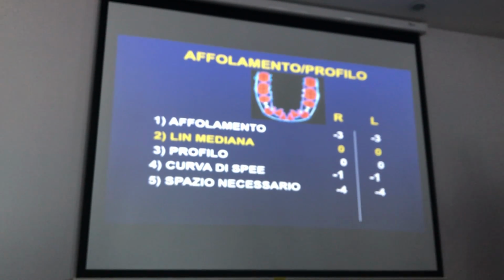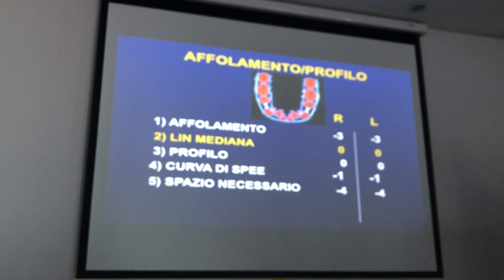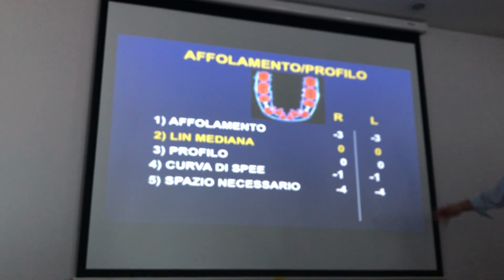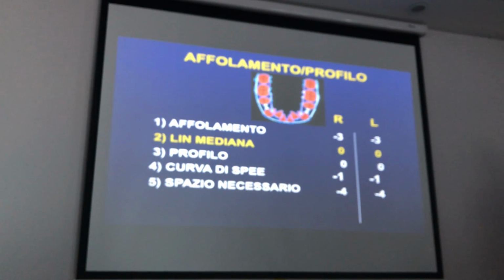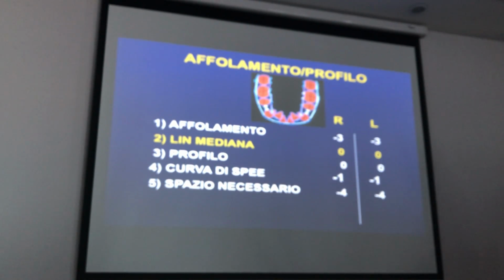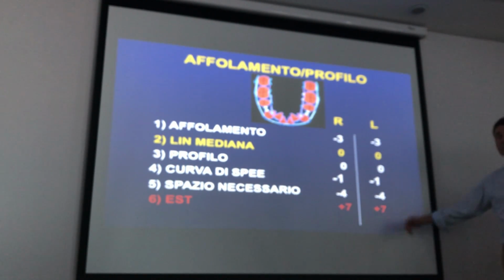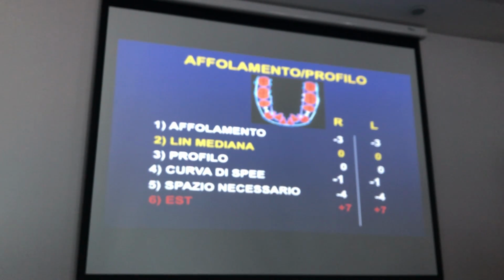But we prefer to say 4 one side, 4 the other side. At this point, it's very difficult to treat without extracting. So what we do, we say we extract 2 first premolars in the lower arch.